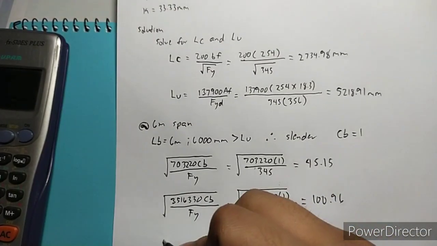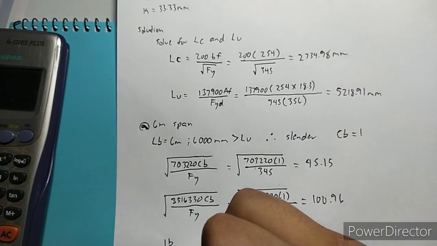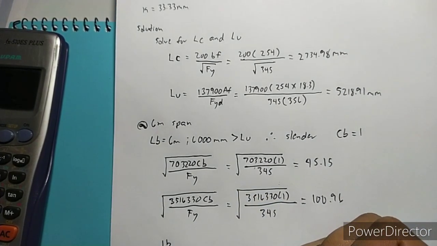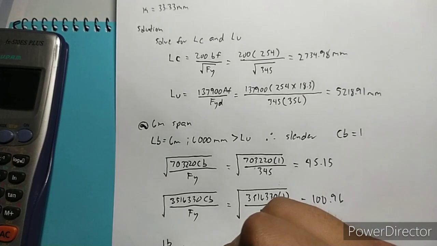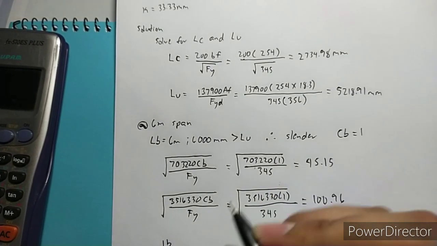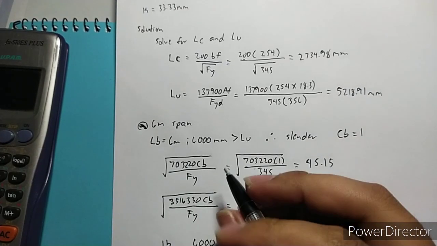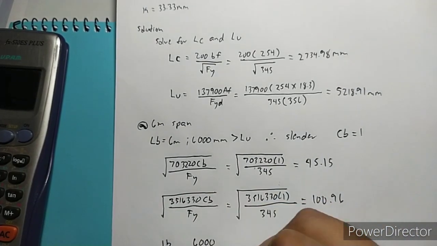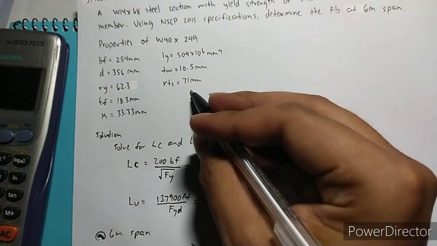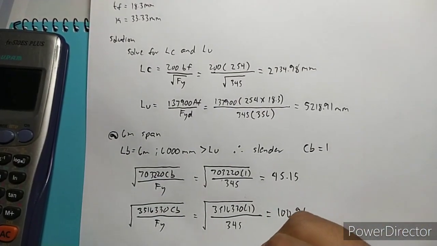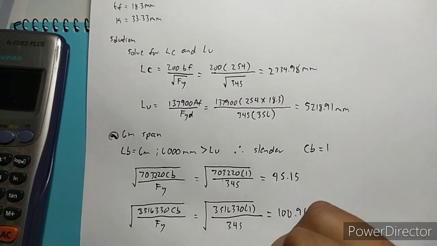So, next naman is LB over RT. Kuhanin natin si LB over RT. So, 6,000 over si RT natin is 71 is equals to 84.51.